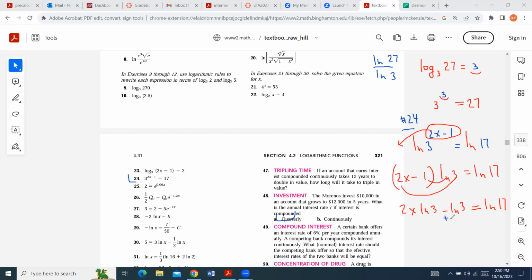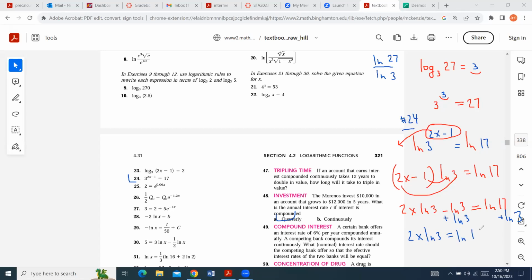So minus ln 3, I need to add so it appears on the right side. Like that. So we get that result with 2x times that ln of 3 is equal to a difference, sum of two logarithms.